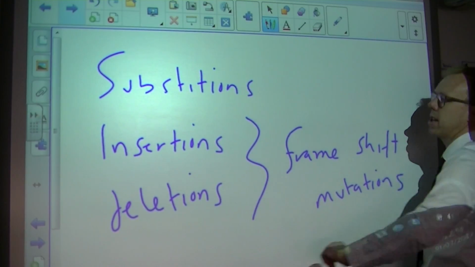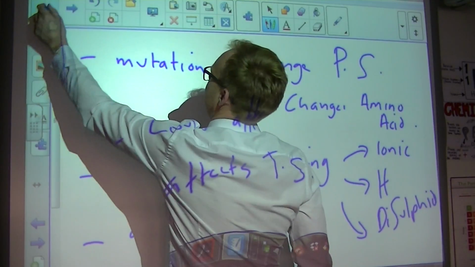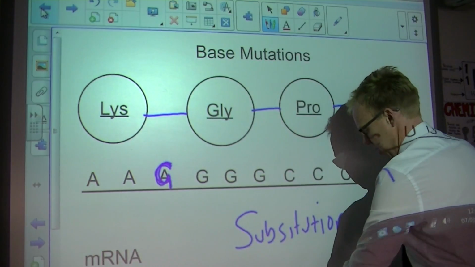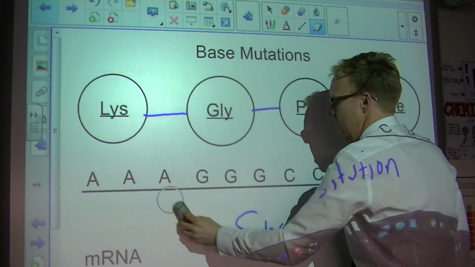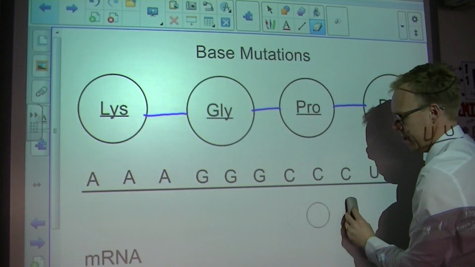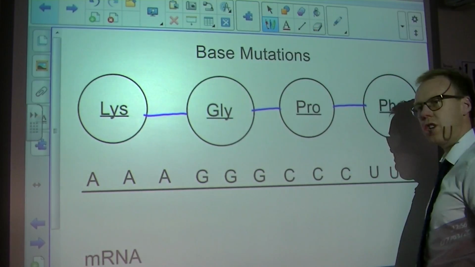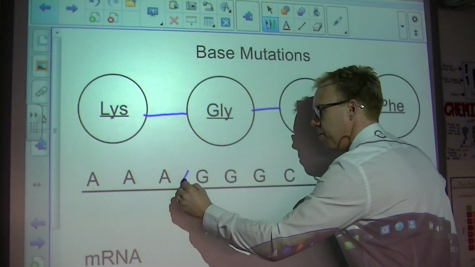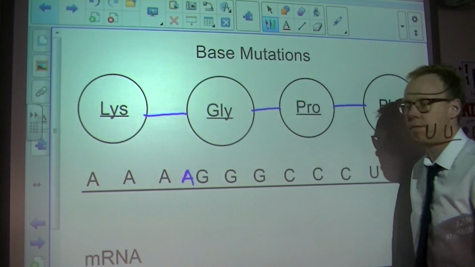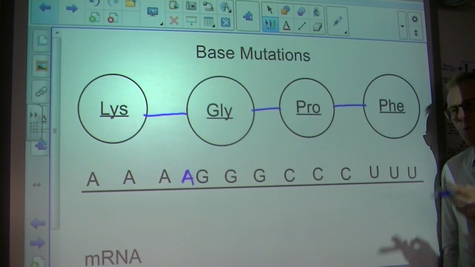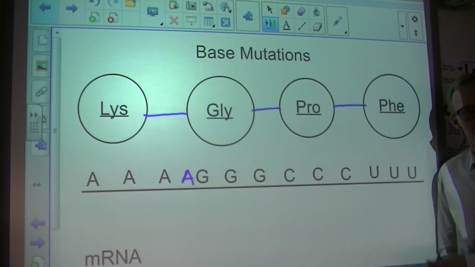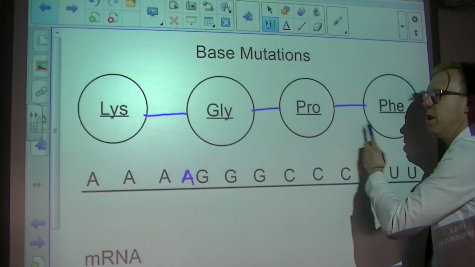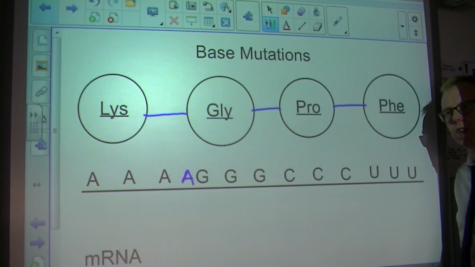And I want to go back to our original point here, our original diagram, and I want to talk about something. Can you imagine if, instead of substituting a base, I actually put a whole new one in? What will this now do to our strand of mRNA and our protein polypeptide chain?